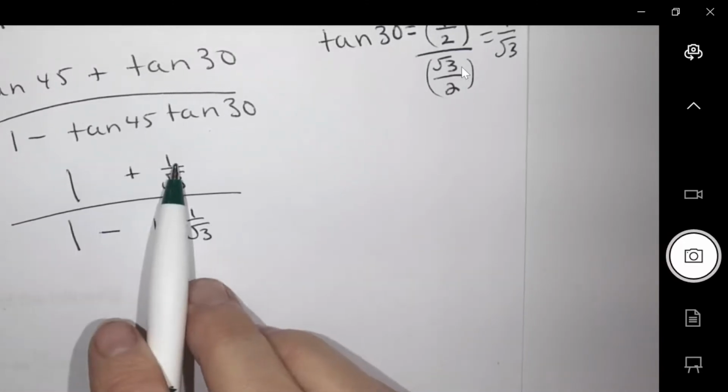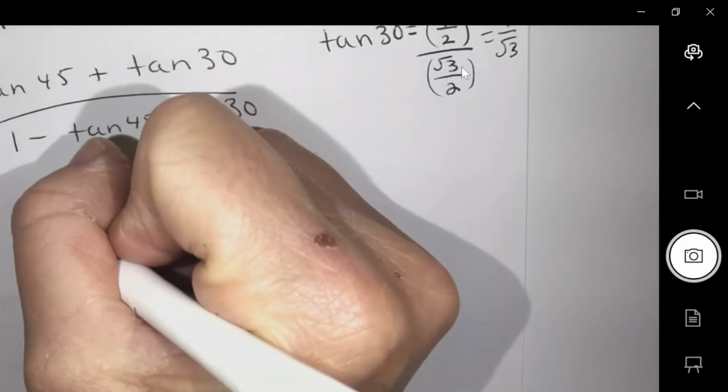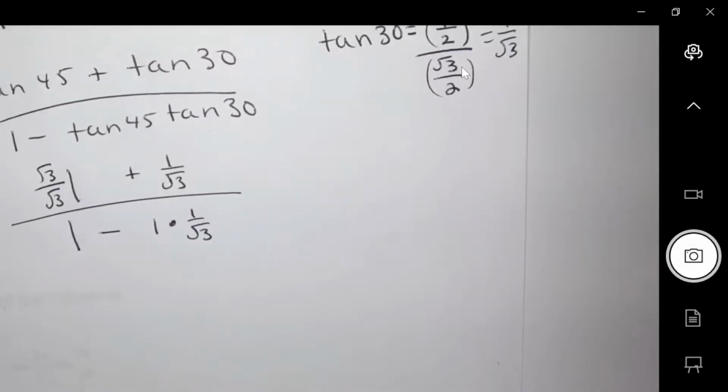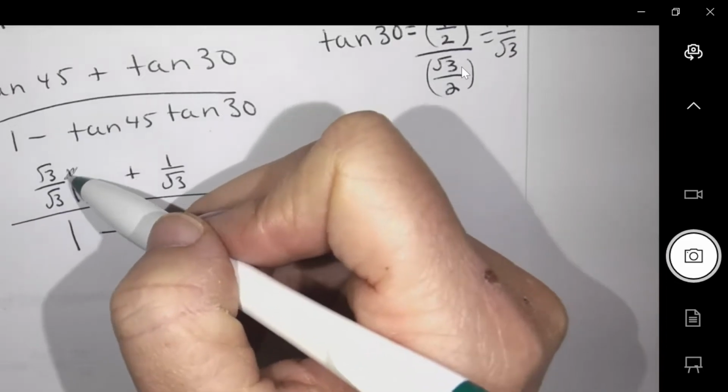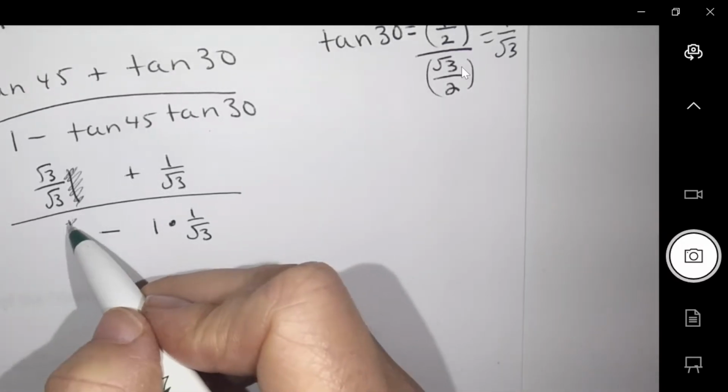Okay, so I need to add this, which means I need to have the same denominator. So if I need a root 3 on the bottom, I'm going to need a root 3 on the top. Okay, so I just changed the looks of a 1. Root 3 over a root 3. Okay, I'm going to also do the same.